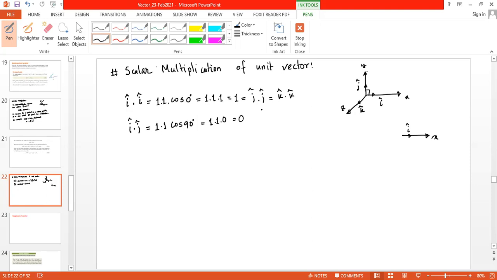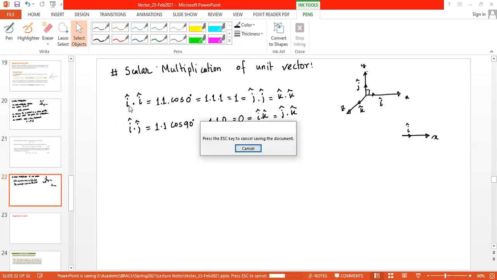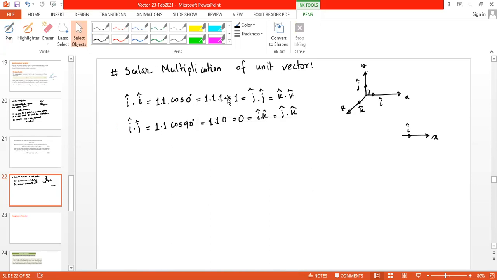So I dot j equals 0. Similarly, you can say I dot k equals 0, and also j dot k equals 0. So that means if you multiply a unit vector with the same unit vector, the result will be 1.